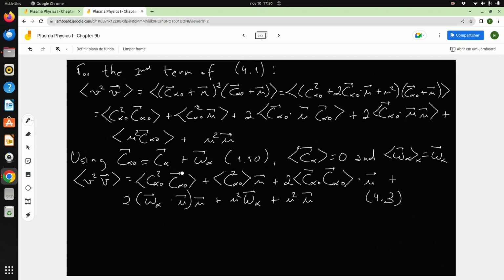Then we just have to take the divergence of this, because in equation 4.1 you have the divergence of the sum over the alpha species of 1 over this times this. This is actually the second term that we are rewriting.